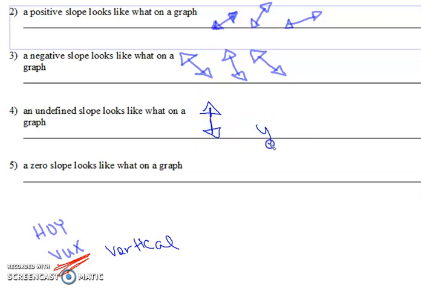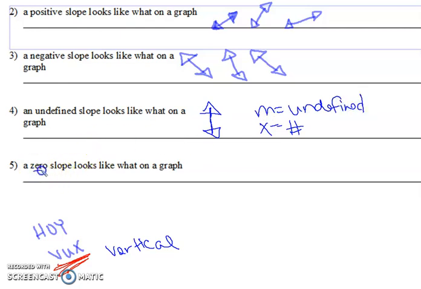And it is also an x equals some number. And my slope is undefined.